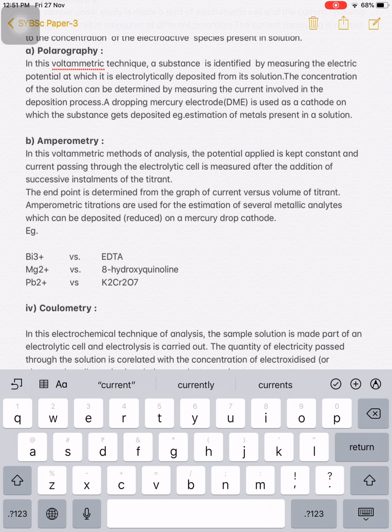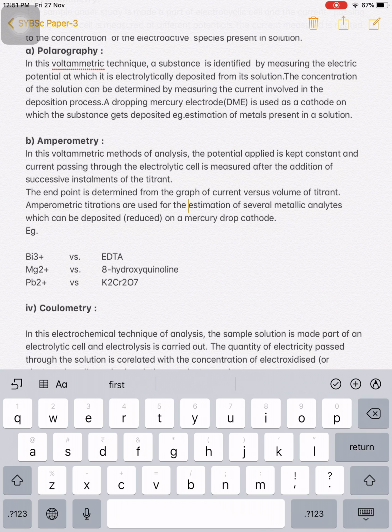In this case, we find the endpoint of the experiment by using a graph where the current is plotted against the volume of titrant added. Amperometric titrations are used for the estimation of several metallic analytes which can be deposited on a mercury drop cathode.